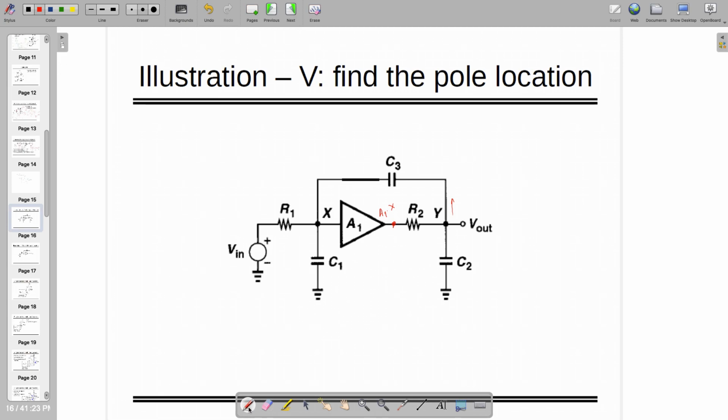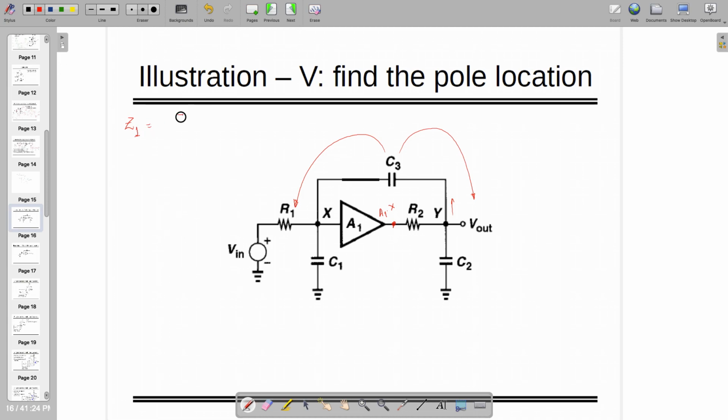So in that case, we can apply Miller theorem, even though there is one extra resistance over here, but we have to check 2 points, X and Y. There Y is much higher than X and there is a gain. So in that case, you can decompose the capacitor in 2 parts. One can go here and one can go here. And for that we are going to follow two equations.